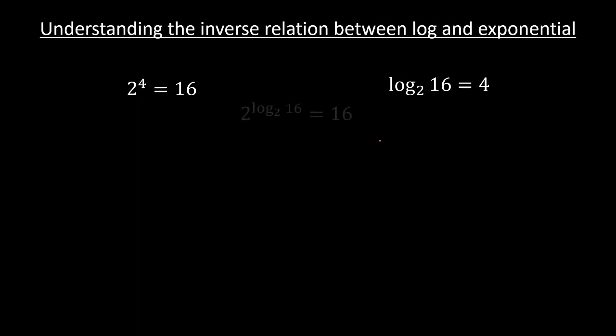Okay? So let's see. If we apply both these functions together on 16, if I take 16 and apply a log of base 2 and then I apply an exponential of base 2, I will get back 16. You can check it. So 2 to the power log base 2 of 16, and we already know that log base 2 of 16 is 4.